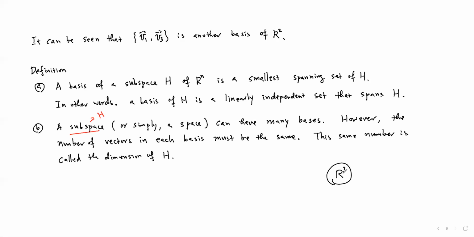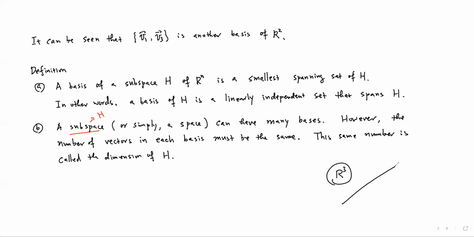Why? Because each basis in R3 has three vectors. Only three vectors can span R3. Two vectors cannot span R3.